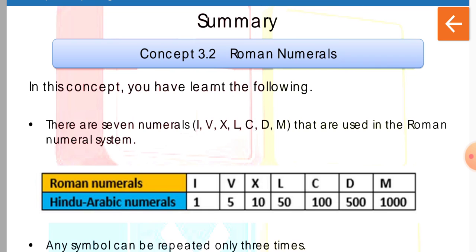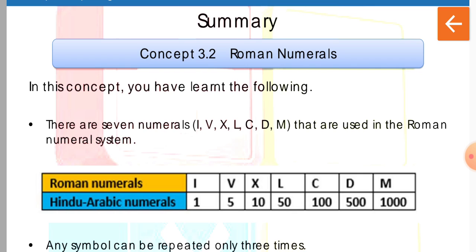These are the basic symbols: I, V, X, L, C, D, M. These are the basic symbols and each has a value. The values in Hindu Arabic numerals are: I stands for 1, V stands for 5, X stands for 10, L stands for 50, C stands for 100, D for 500 and M shows 1000.